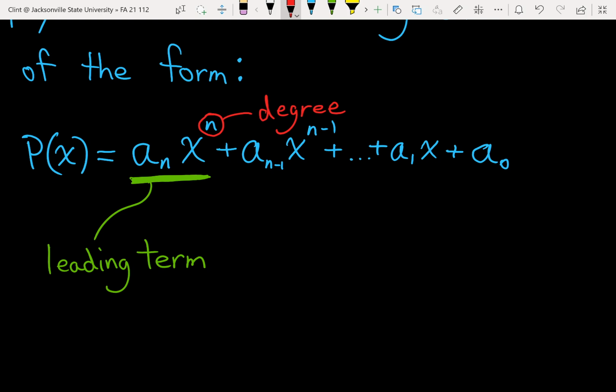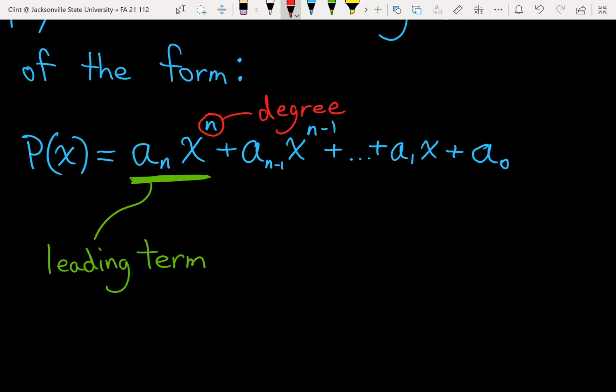And I've probably used the phrase leading coefficient before. That's just whatever number is in front of our leading term. So here are these a_(n-1), all the way down to a_1, a_0. Those are just numbers, those are just coefficients.